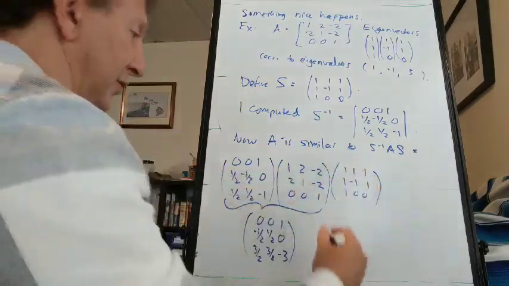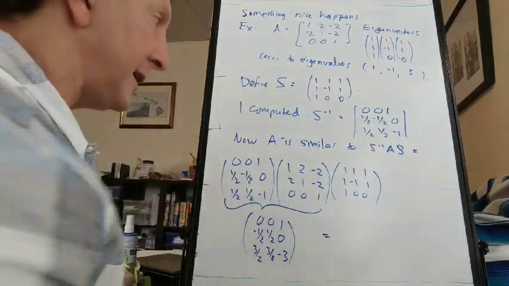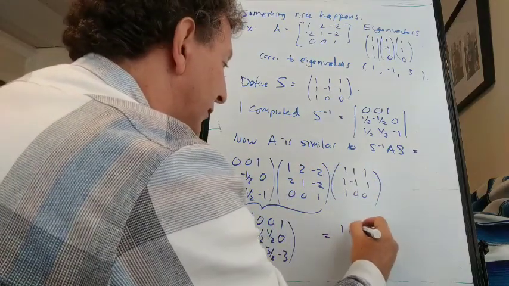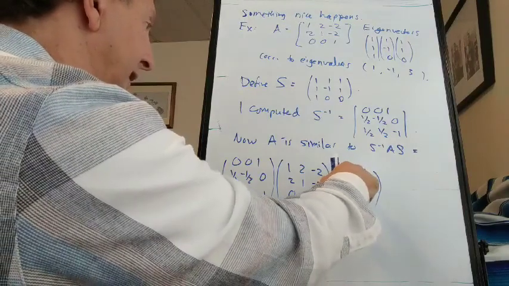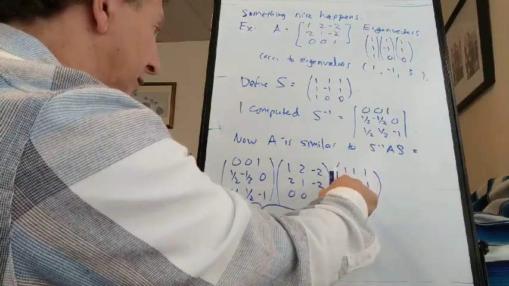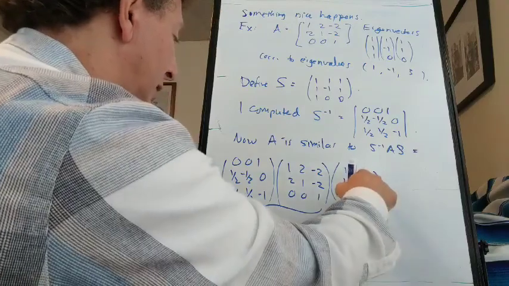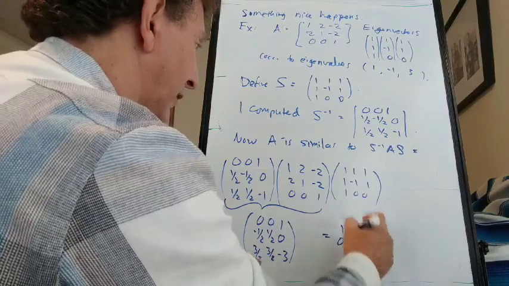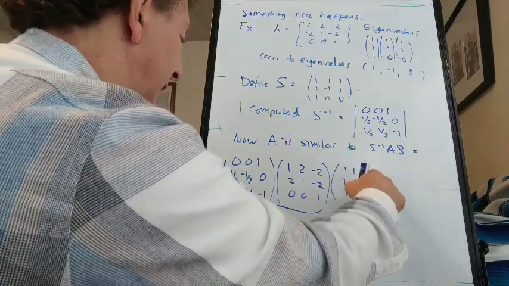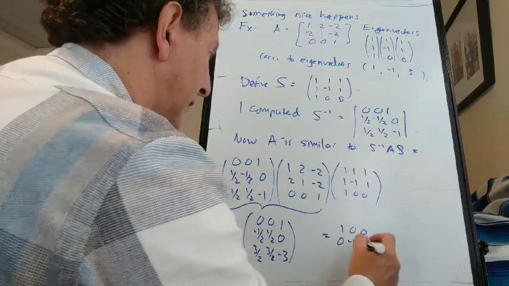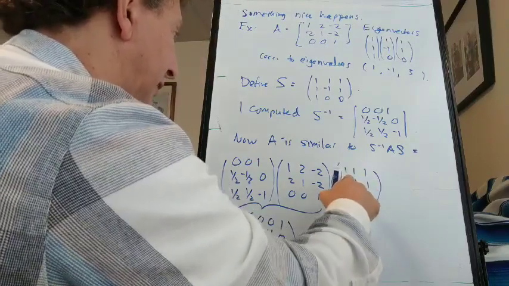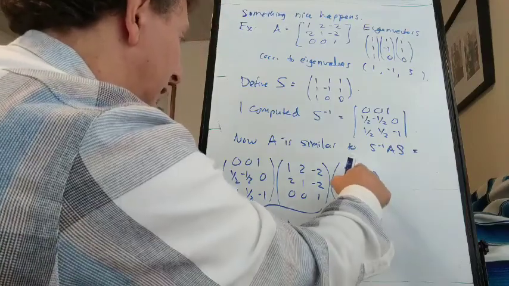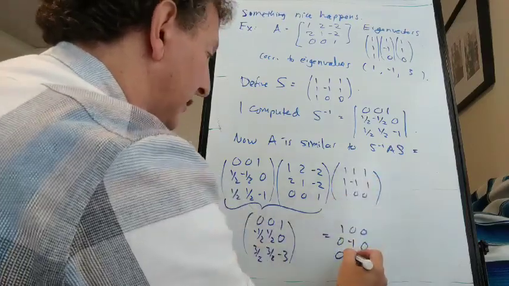Now we'll multiply these two and we'll get, first row just becomes the third row, 1, 0, 0. And then negative 1 half plus a half is 0, plus 0 is 0. Negative 1 half minus 1 half is negative 1. Negative 1 half plus 1 half is 0. And 3 halves plus 3 halves is 3, minus 3 is 0. 3 halves minus 3 halves plus 0 is 0.